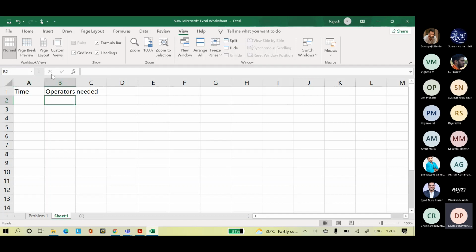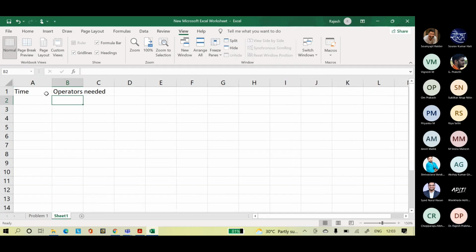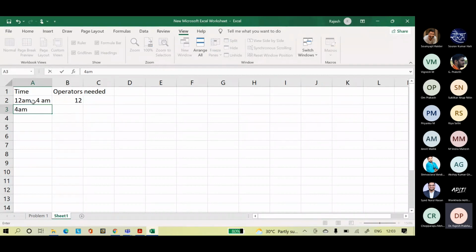Okay. So 12 a.m. to 4 a.m. we need 12 operators. 4 a.m. to 8 a.m.